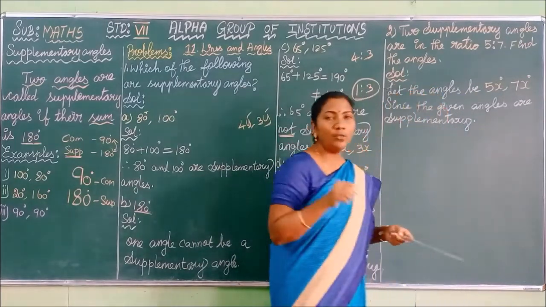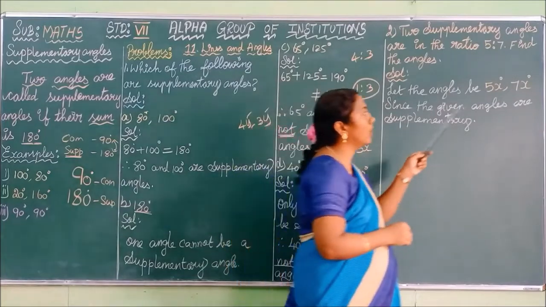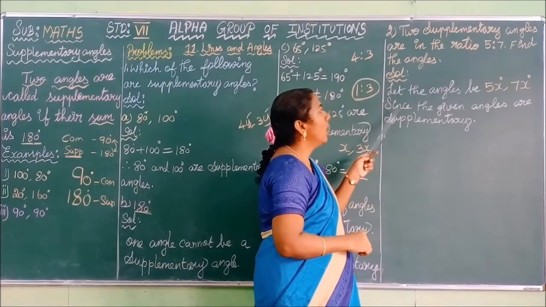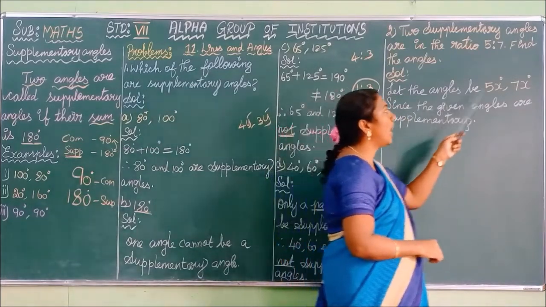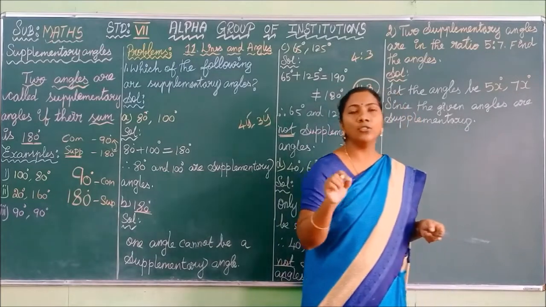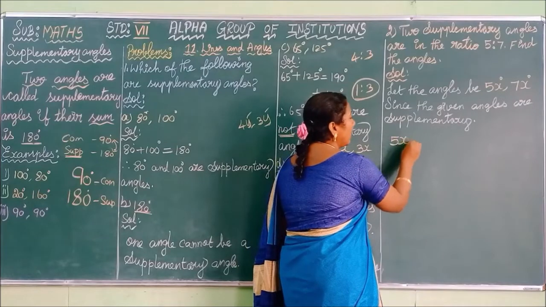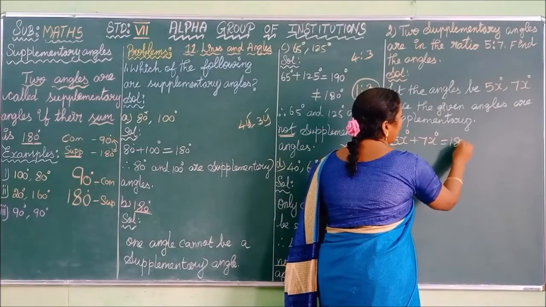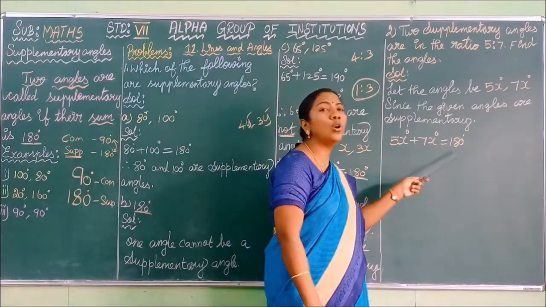Why are we using the degree symbol here? Because we are going to find the angles. Since the given angles are supplementary, if you add these two angles, it gives the answer 180 degrees. So we have to write 5x degree plus 7x degree equal to 180 degree.